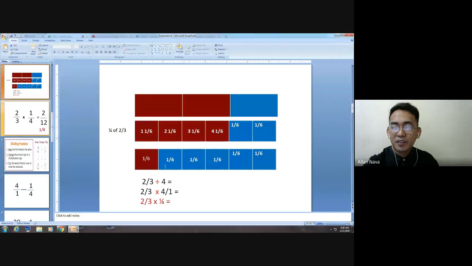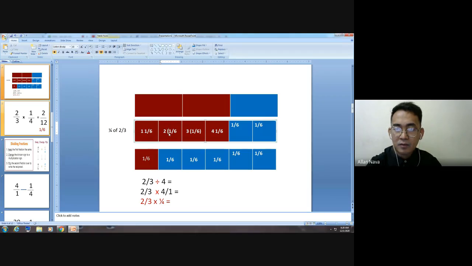Ulitin natin. So from here, lagyan natin ng mga parenthesis para makita nyo lang na yung unang part, second part, third part, and the last part or fourth part.